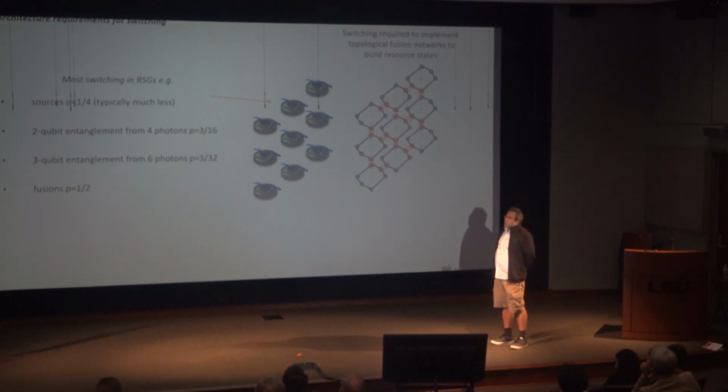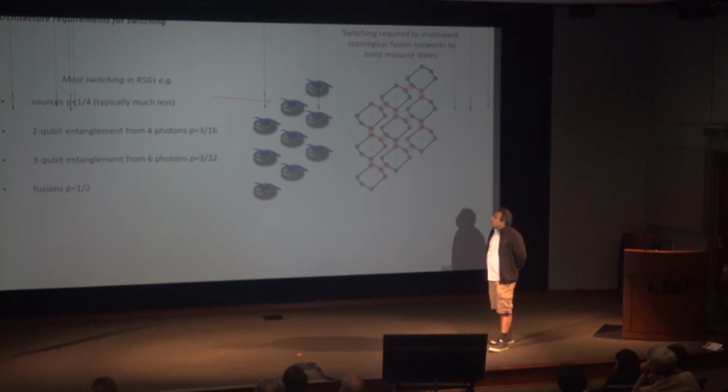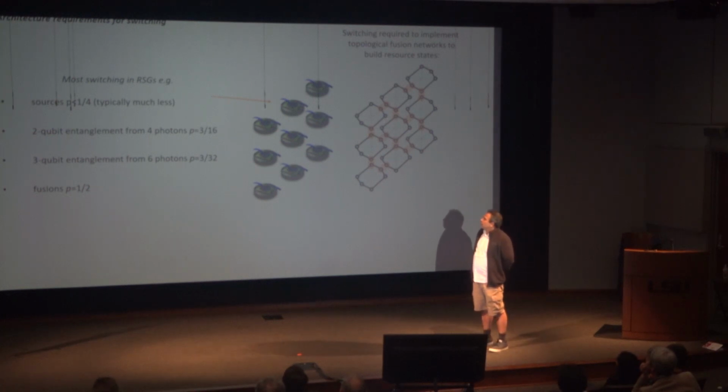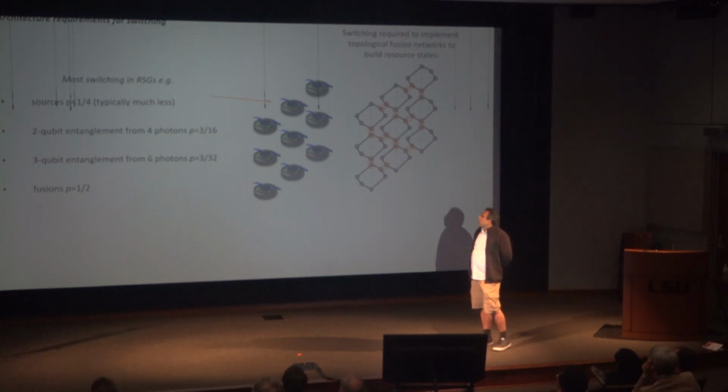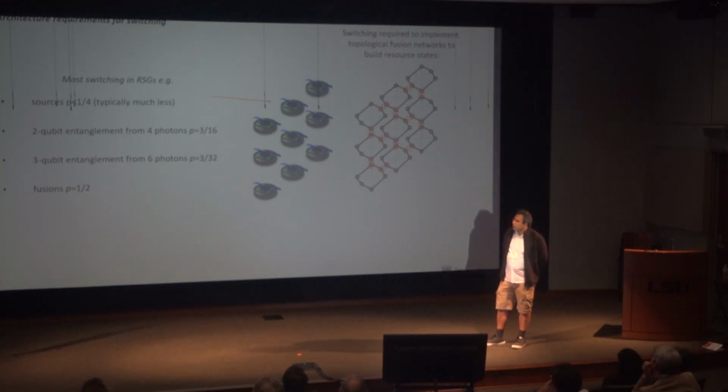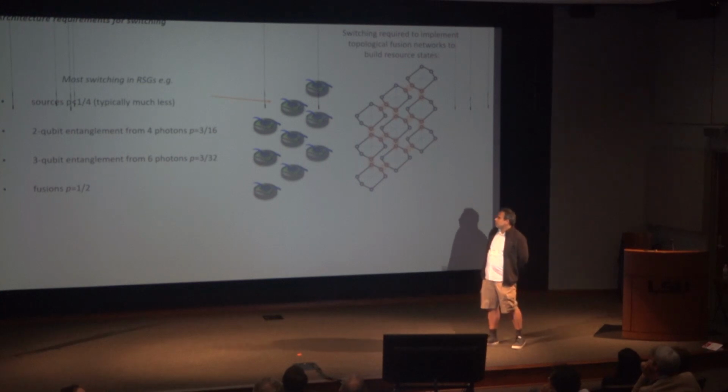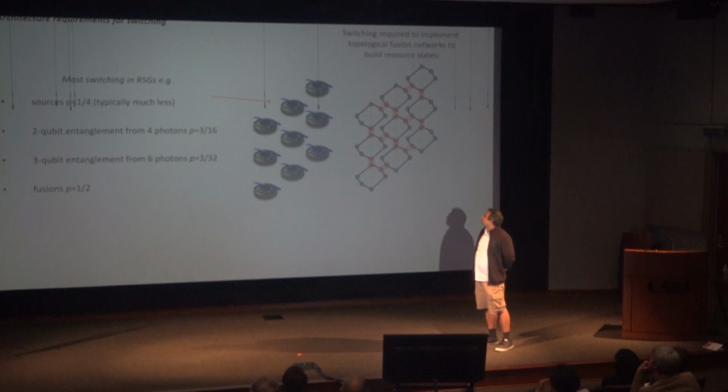In order to make small 2-qubit states, the standard circuit, which takes 4 input photons and outputs a 2-photon Bell state, succeeds with probability less than a quarter. If you want to generate a 3-qubit entangled state from 6 input photons, that works about 3 in 32 of the time. And our fusion measurements work 50% of the time, ideally.